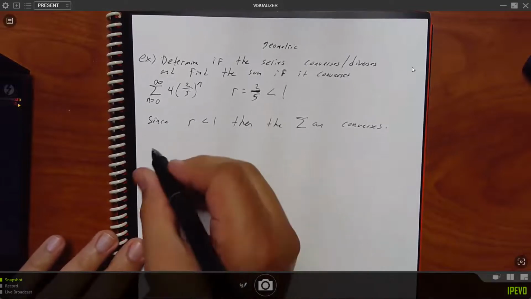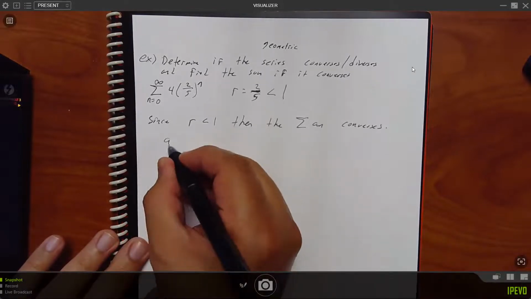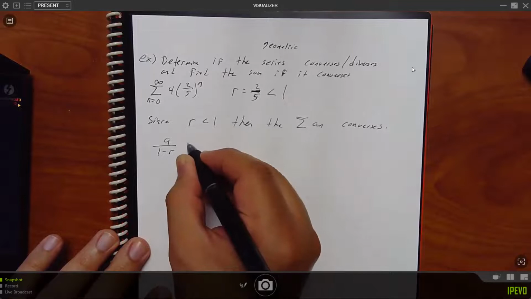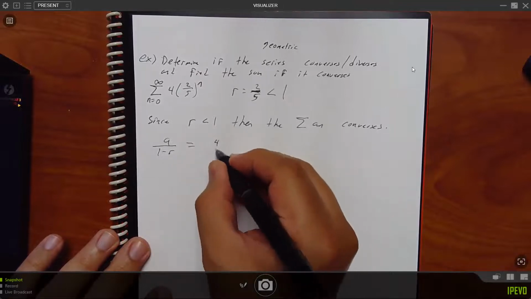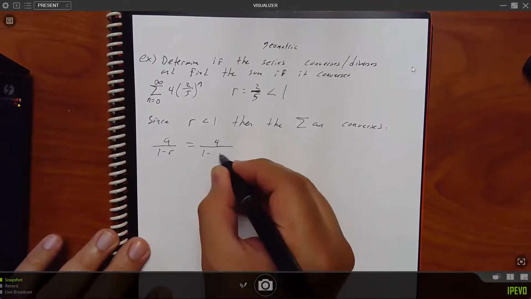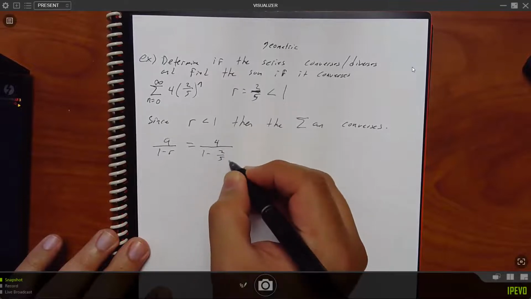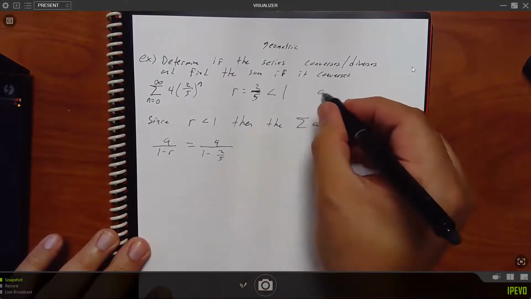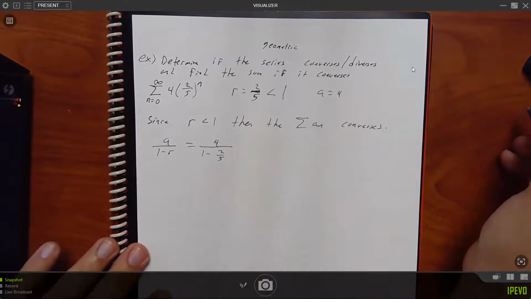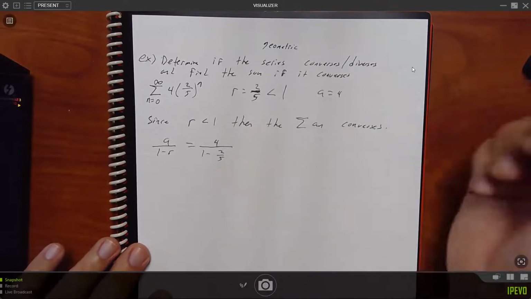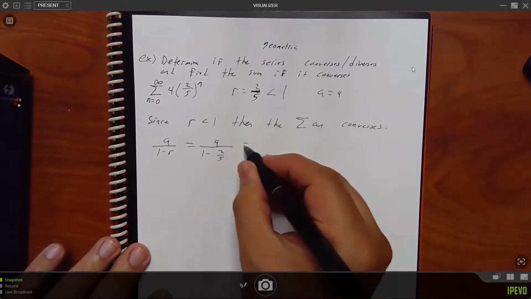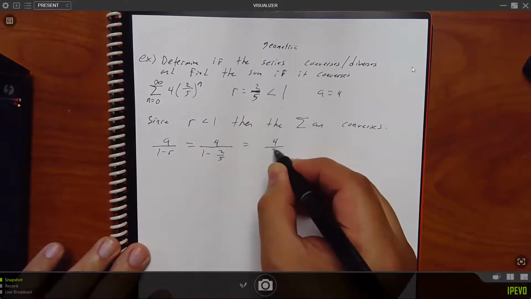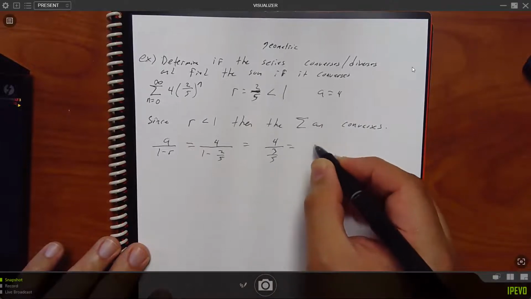Now the sum is found by doing this. A is 4, over 1 minus 2/5. I'm going to write the A here, and the R is right there. So that will be 4 over 3/5, which is 20 over 3.